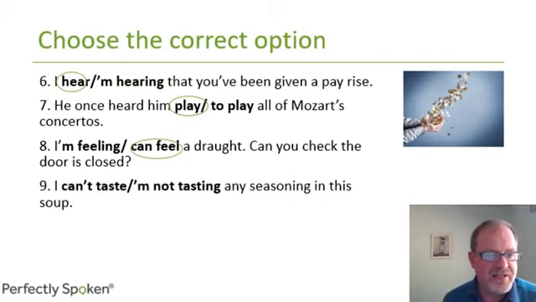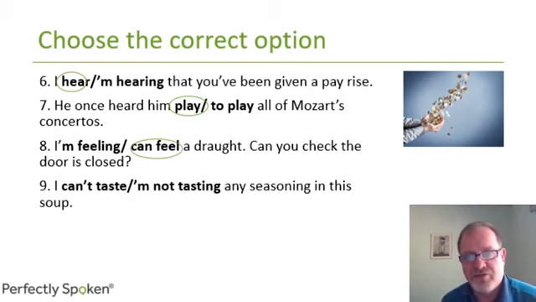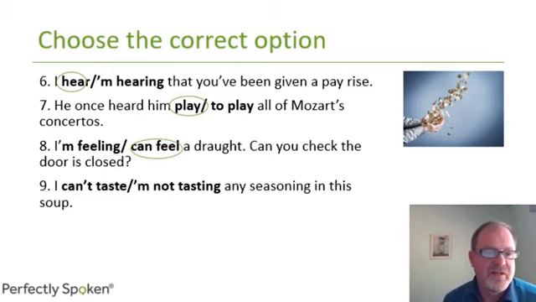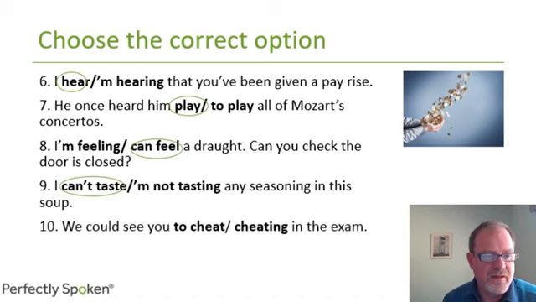Number 9, I can't taste or I'm not tasting any seasoning. Seasoning is salt or pepper or whatever in the soup. Again, I can't taste any seasoning in the soup. And number 10, we could see you.